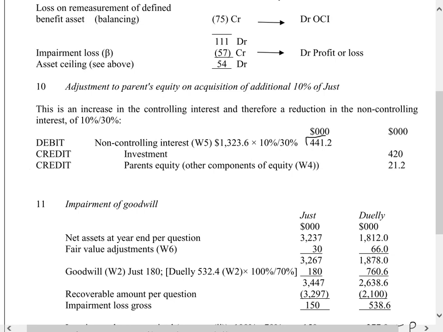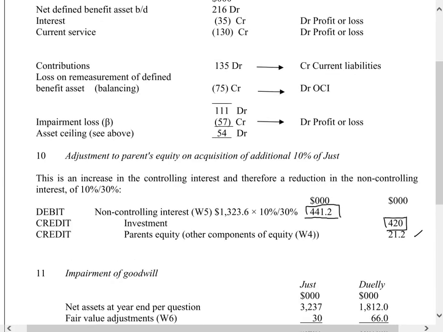I reduce the NCI and I pay only 420. I pay less, so it is something like an income to the parent. So I'm going to credit to the parent. So credit 212.